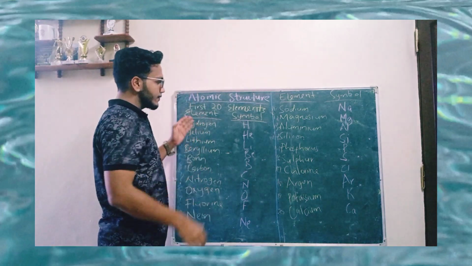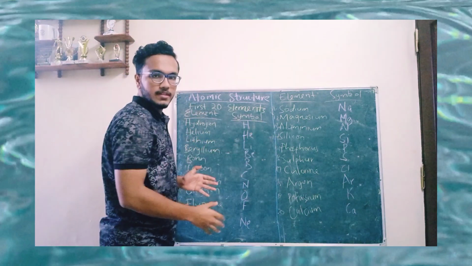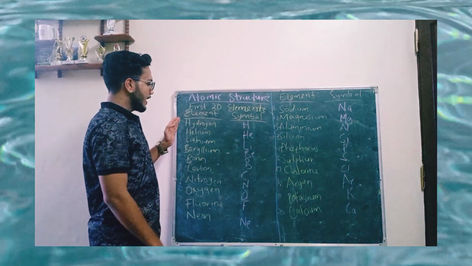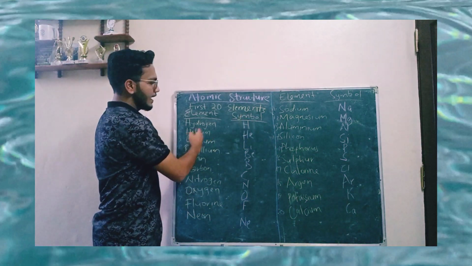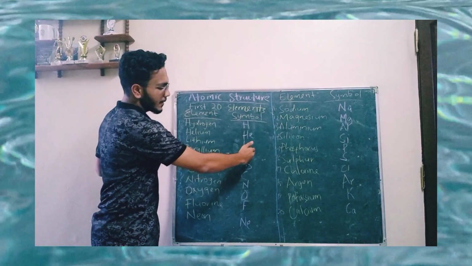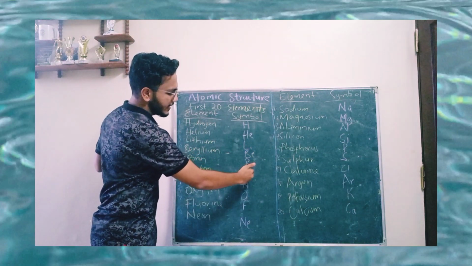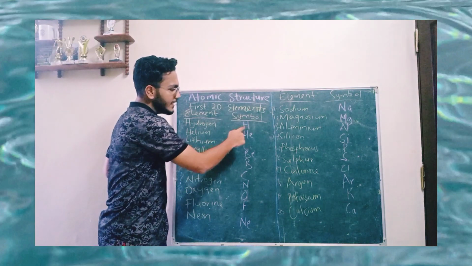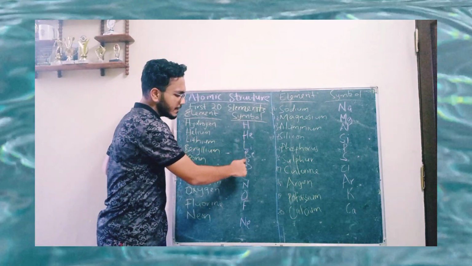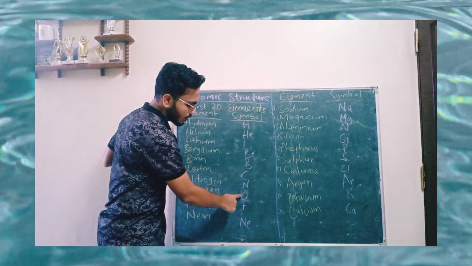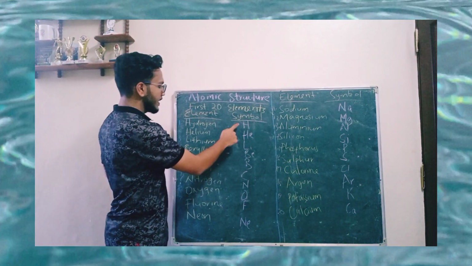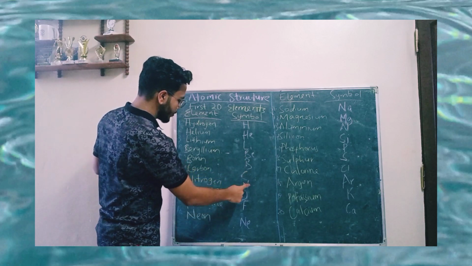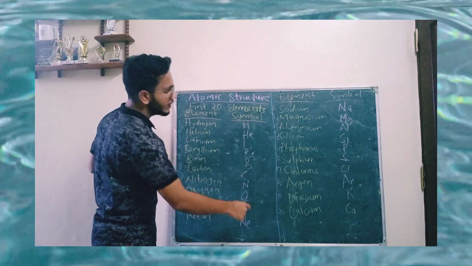Now we can use a phrase for you to remember these elements. You can write down this phrase as I was taught. Hi, Helen, listen, B, B, C, news on Friday night, which is hydrogen, helium, lithium, beryllium, boron, carbon, nitrogen, oxygen, fluorine, and neon.